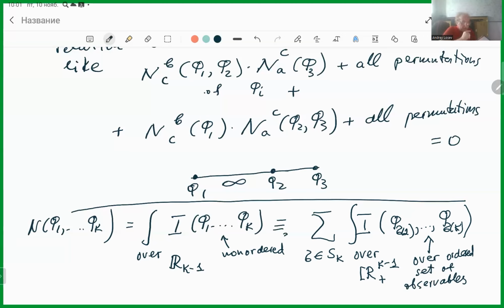And here I sum over all permutations. So it is the integral of I over an ordered set of observables.